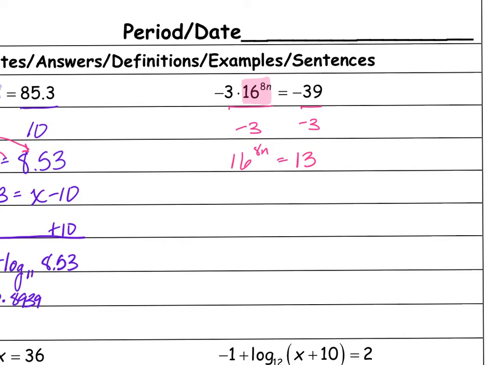Okay? So if I cannot solve it as an exponent, I'm going to solve it as a logarithm. This becomes the base of my logarithm, and then it is log base 16 of 13 equals this one, 8n. Sorry, my pens are all messing up, you guys.